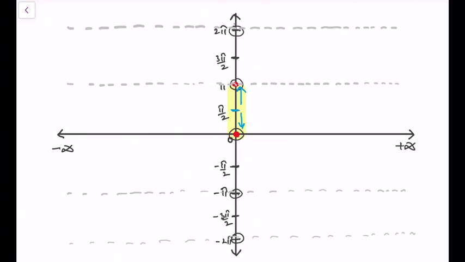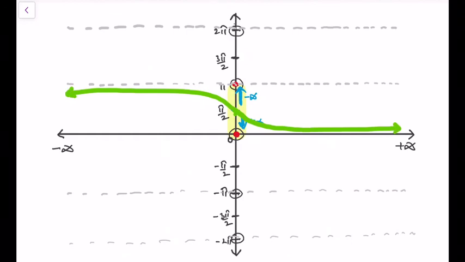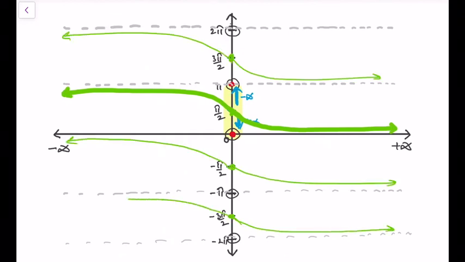So when y is moving down towards 0, then x will be moving towards the right, towards plus infinity. And when y is moving up towards pi, then x is moving to the left towards minus infinity. Similarly, we can graph for other points too.